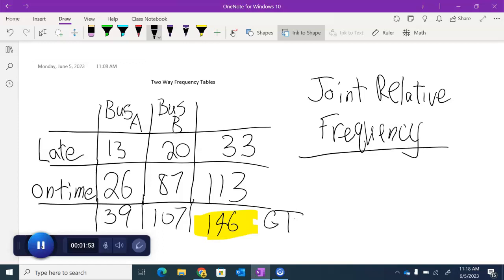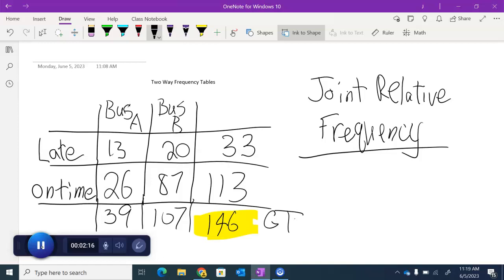Now, what does that mean? That means how relative is each square, each cell. How often was bus A late? How often was bus A on time? How often was bus B late? How often was bus B on time?